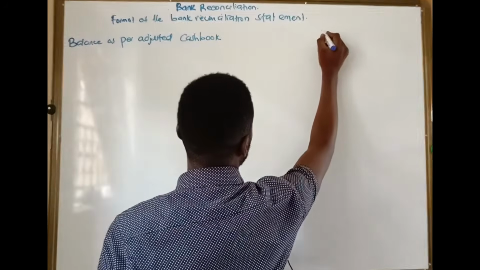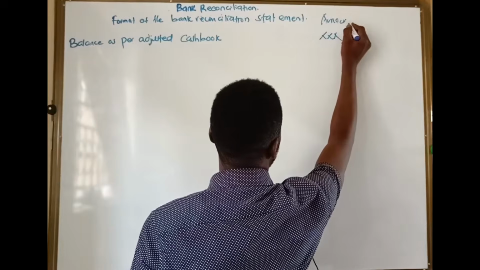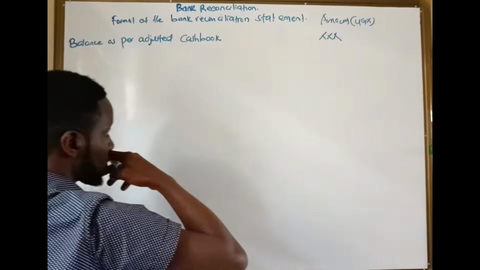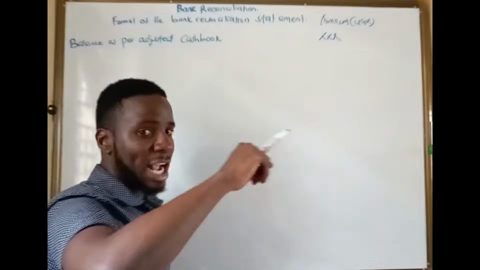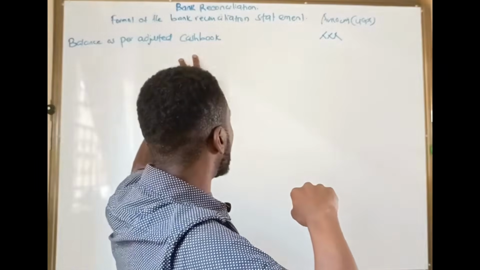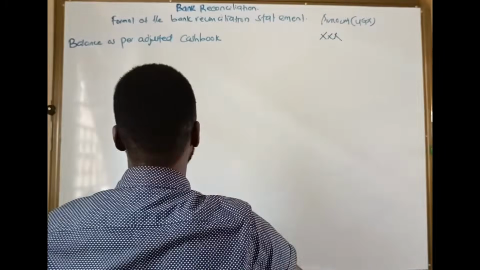Then we bring it here, we show it here. So we shall put here our amount, maybe in Ugandan shillings. So you come and say balance as per adjusted cash book. Remember the cash book that we have just got behind here, the balance that we have got is the one that we bring here. So it becomes balance per adjusted cash book.